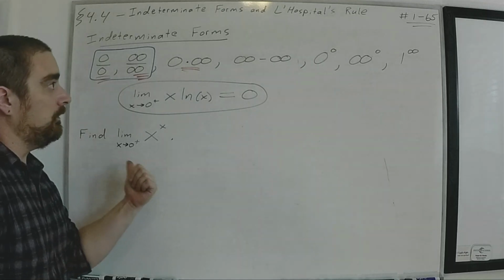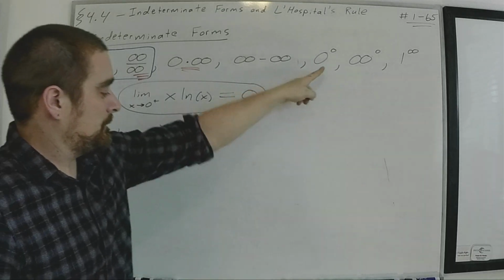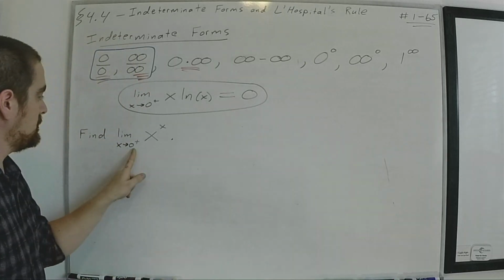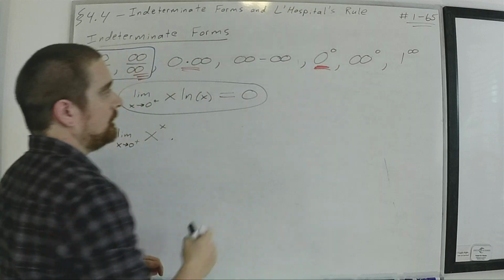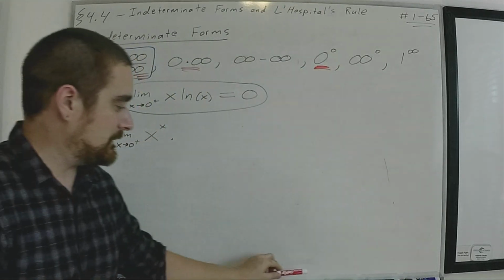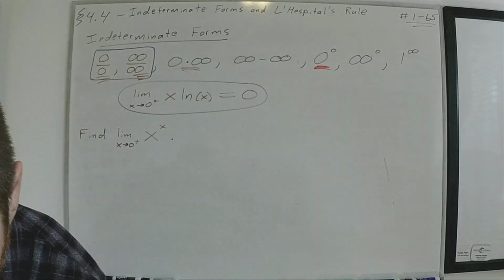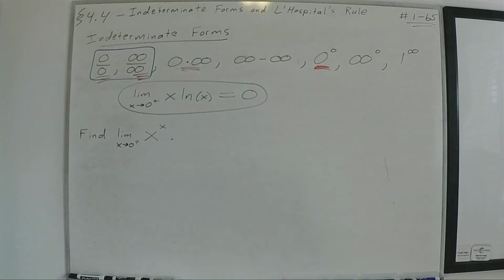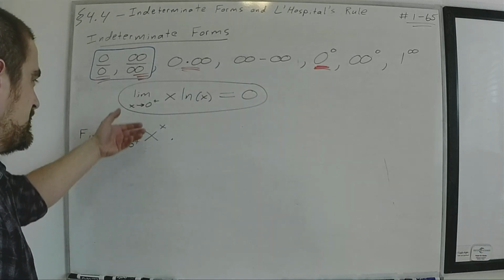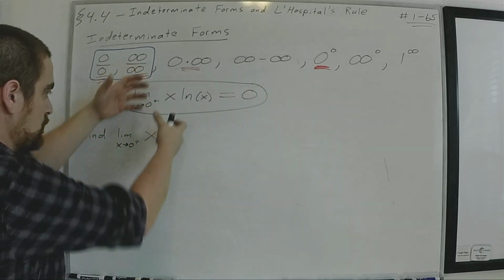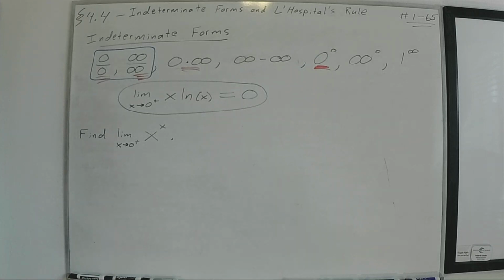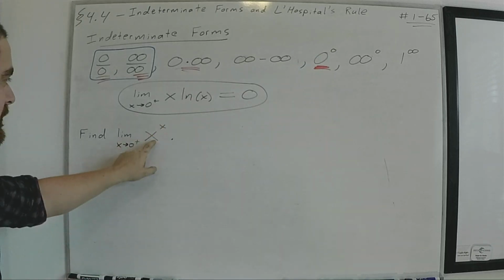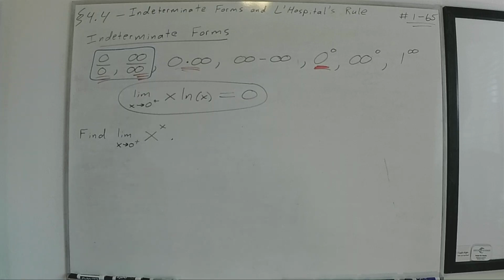So now, when you look at something like this, you're in a form where if you try and plug in 0, you would get 0 to the 0 power, which counts as another indeterminate form. All right, that expression 0 to the 0 is really undefined. So how can we play with it? There's no way that I could make this like a numerator and a denominator without overcomplicating things, and it's still not going to get me anywhere because I'll still be staring at something like this x to the x.